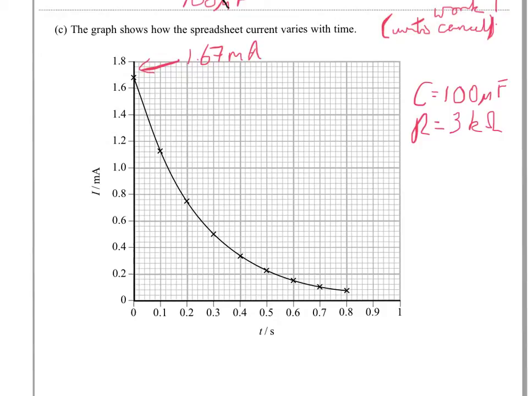So the capacitor here is 100 microfarads and the resistance is 3 kiloohms. So the time constant RC is going to be 100 times 10 to the minus 6 multiplied by 3 times 10 to the 3, so 100 micro times 3 kilo, and that gives us 0.3 seconds.